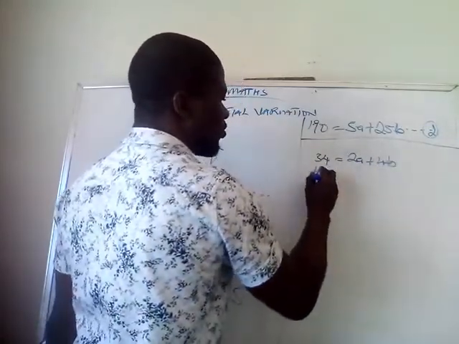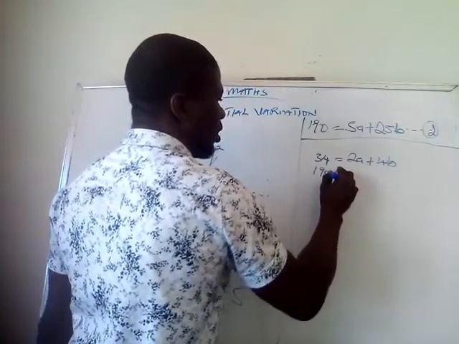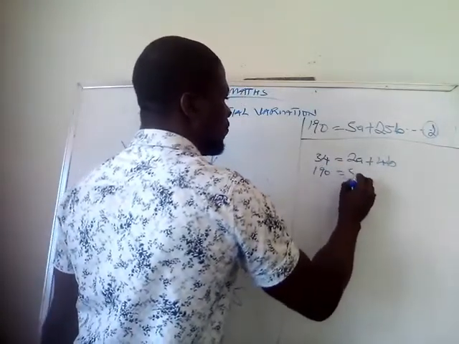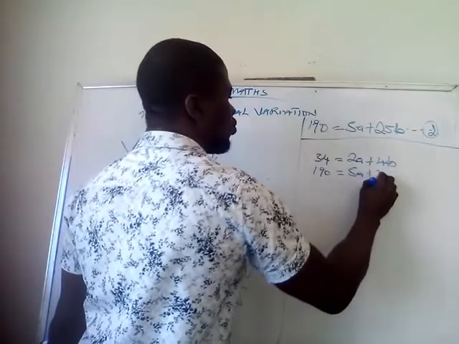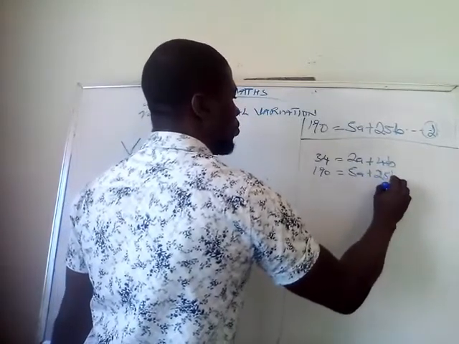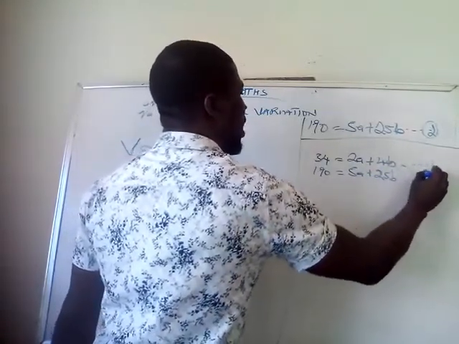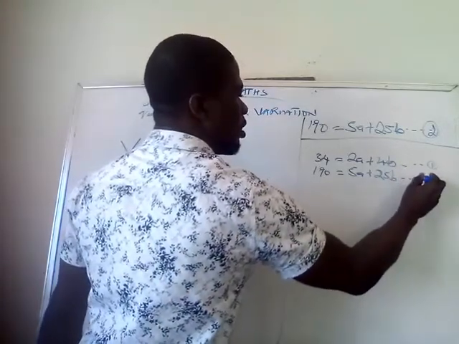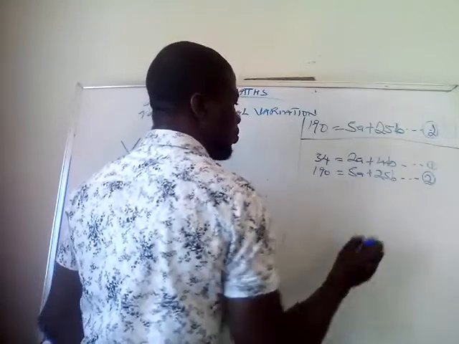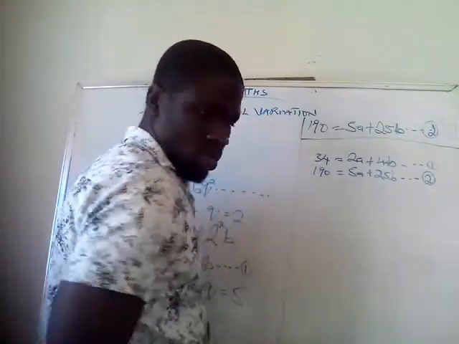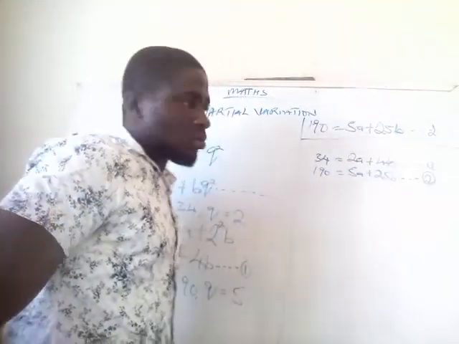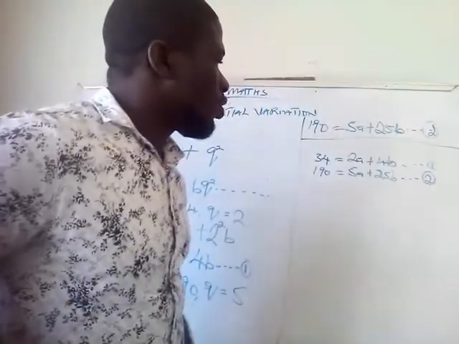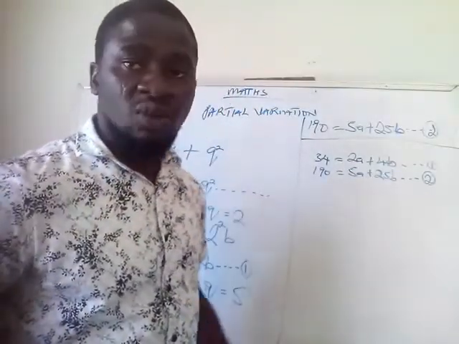And 190 is equal to 5A plus 25B. Equation 1 and equation 2. So these are the two simultaneous equations that we have.